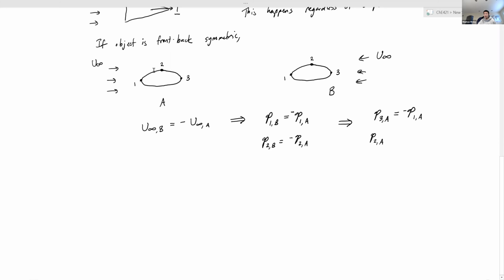All I did was basically just take this whole thing and do a mirror image of itself. Okay. And because we showed above right here that this pressure is going to be exactly -1 times this pressure, then the only way that something can be equal to the opposite of itself is if it's equal to 0.